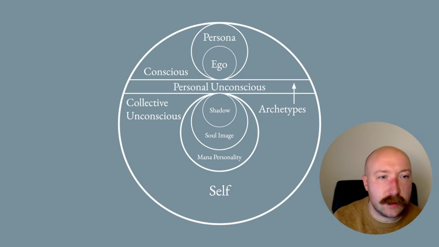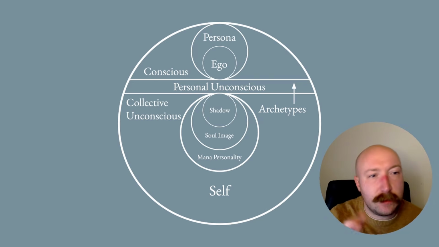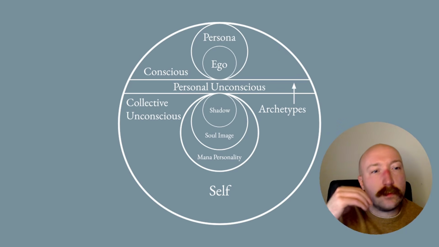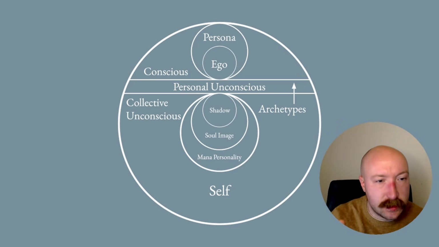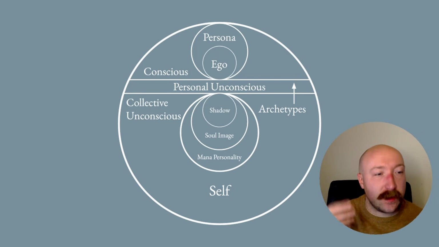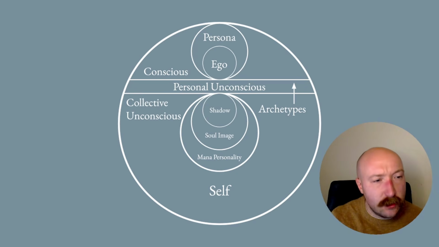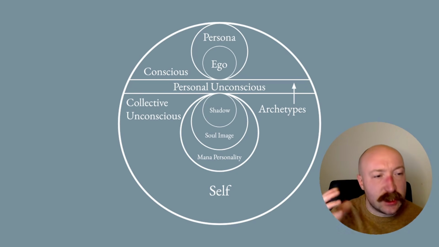But we've got these parts, and I'll quickly mention the other ones. So beginning at the top, we've got ego, continuous sense. I think, I am doing this. We've got self, which is everything. Persona, these are the masks we wear in certain situations.